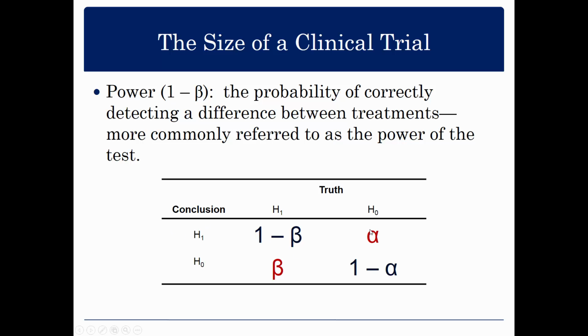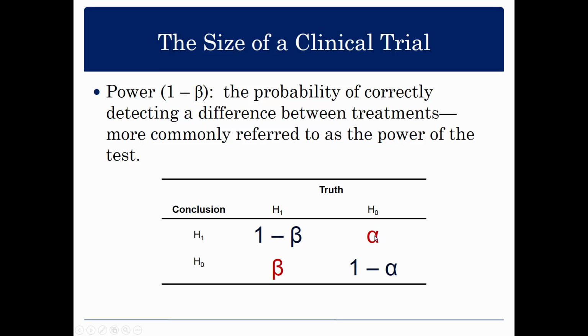So if we're after this conclusion, then we want to know the probability of making this decision, this conclusion, under two different states of truth. Whenever our scientific hypothesis is correct, that's the power, 1 minus the type 2 error, and when it's not correct, when the null is true, that there actually is no difference. So what's the chance of concluding that there's a difference when in fact there's not, and that's the type 1 error rate.